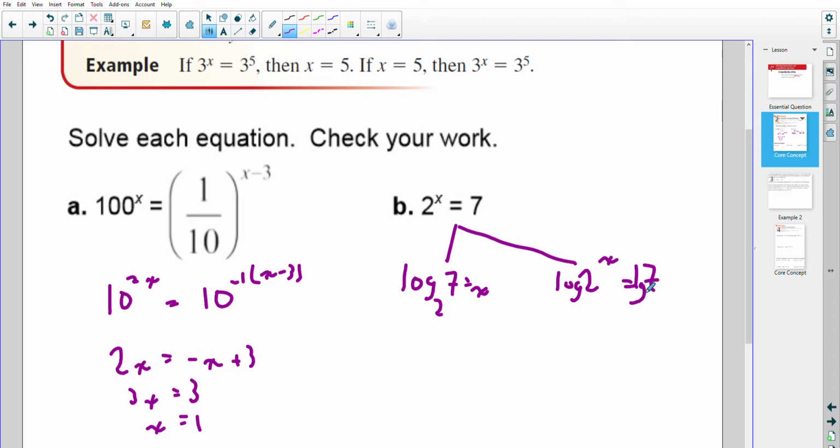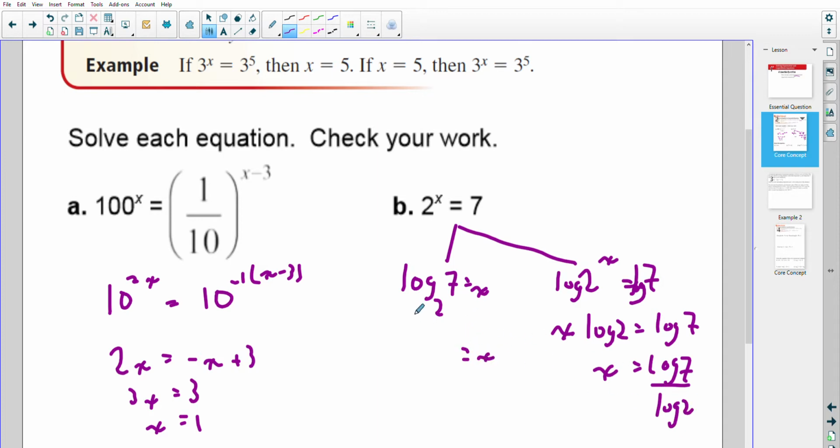And when you take the log of both sides, you're going to see that you can do the power rule, which is x log 2 equals log 7. By dividing by log 2, you end up with this. Now, is that the same as what we had here?